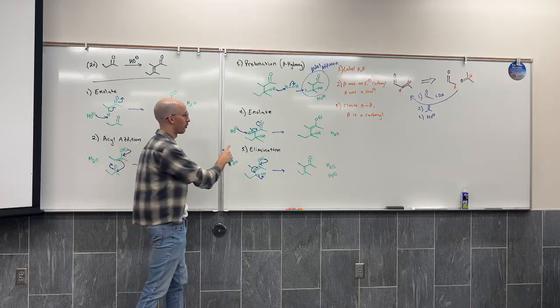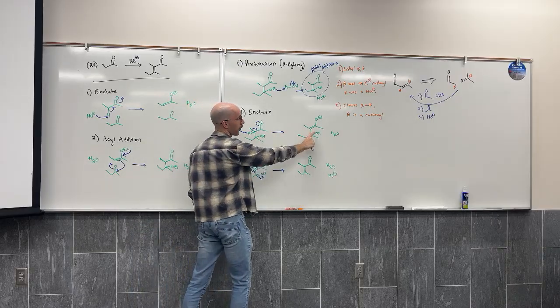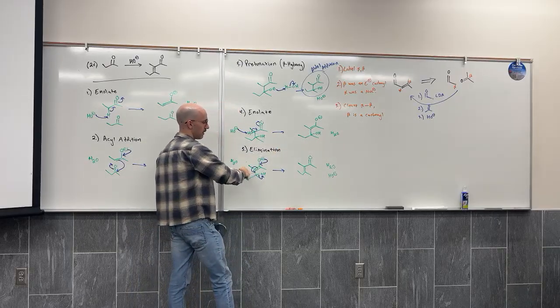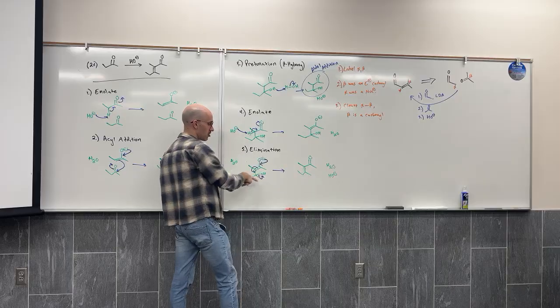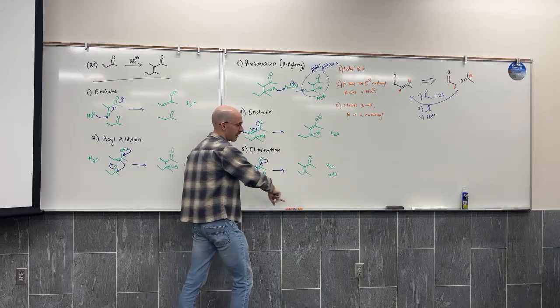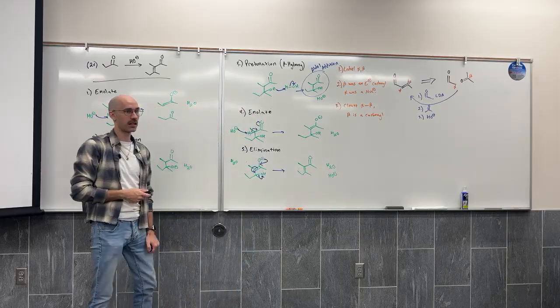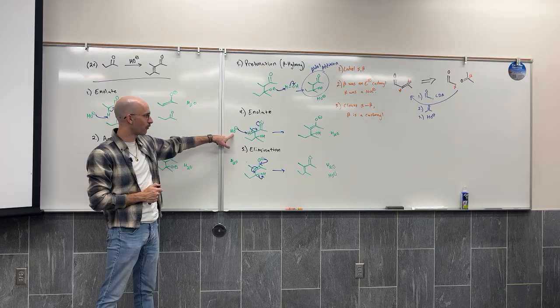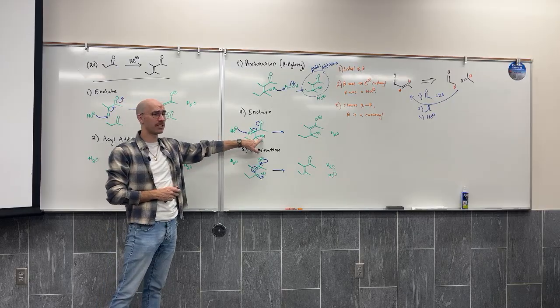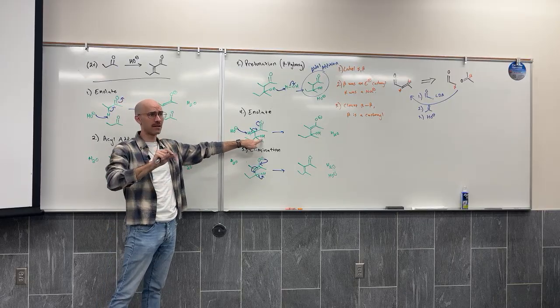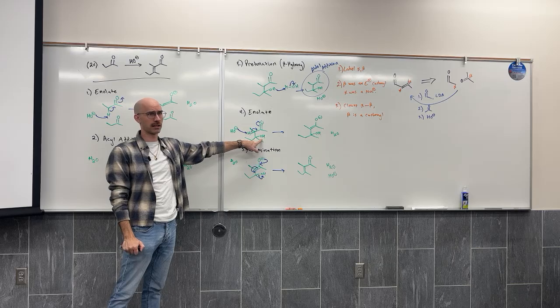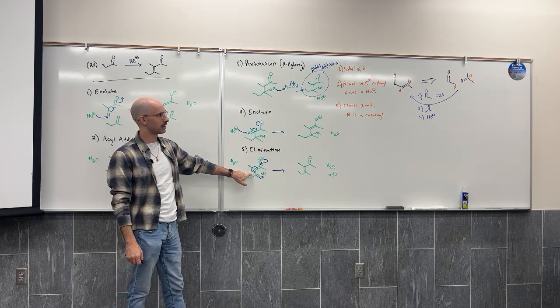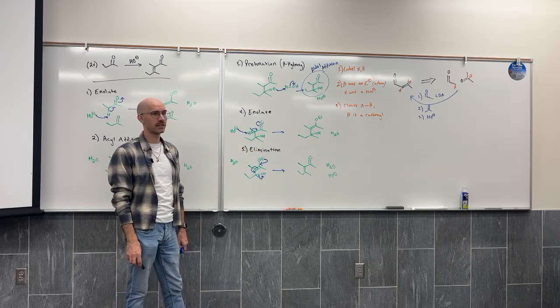The most plausible mechanism is that first the enolate forms. Then that enolate can do something quite challenging. The enolate can kick off hydroxide. Hydroxide itself is not going to be good at forcing the elimination of another hydroxide, but the enolate is better at forcing that elimination.